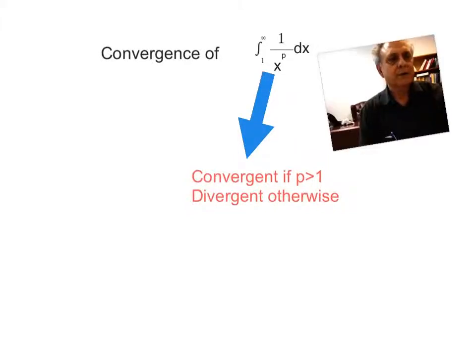In this video, we will discuss the convergence of the improper integral of 1 over x to the p over the interval 1 to infinity. We will show that the improper integral is convergent if p is greater than 1 and is divergent otherwise.